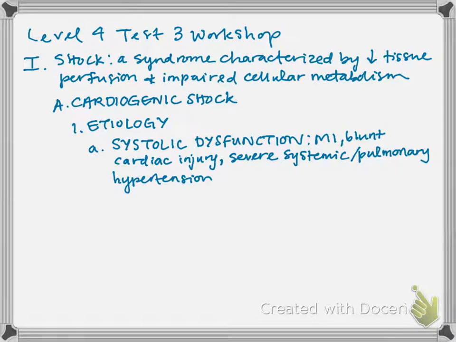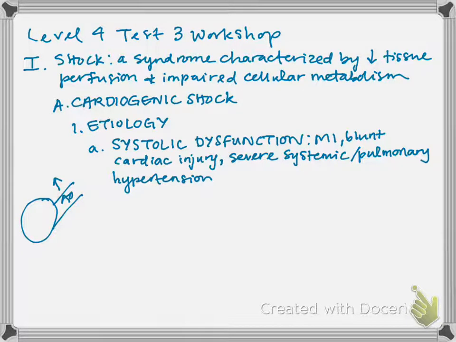So if you have this, pretend this is the left ventricle, this little circle here, and this is the aorta coming off of it. So if we have severe systemic hypertension, that pressure inside the aorta is so high, what does that increase in terms of your cardiac output, the words we described? Afterload, thank you.